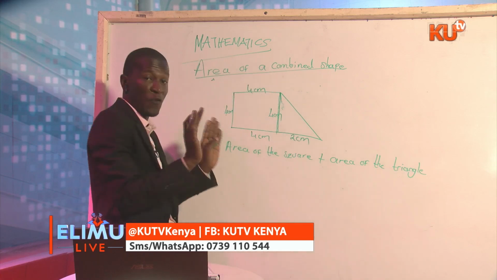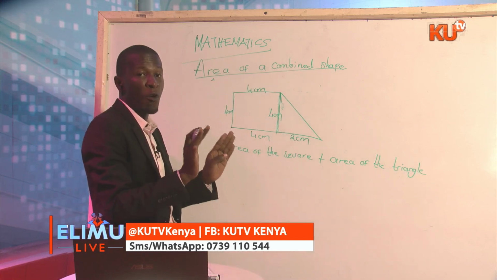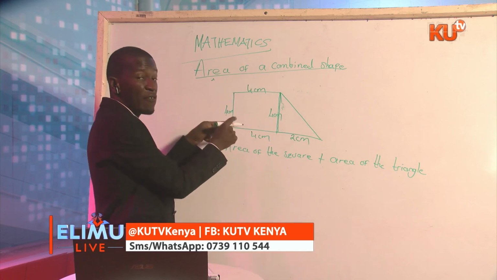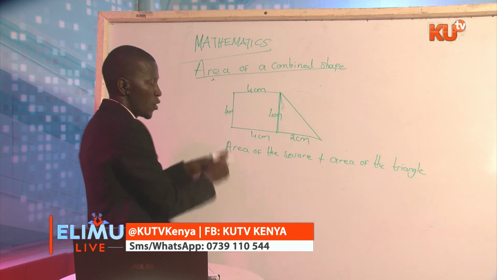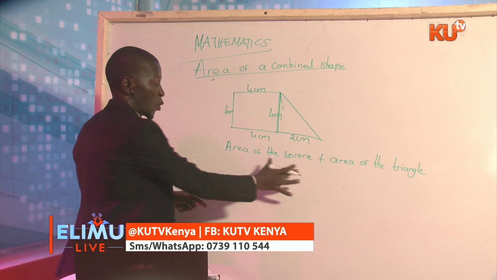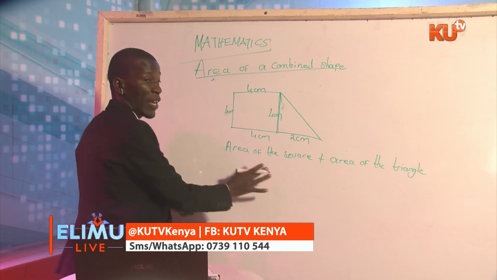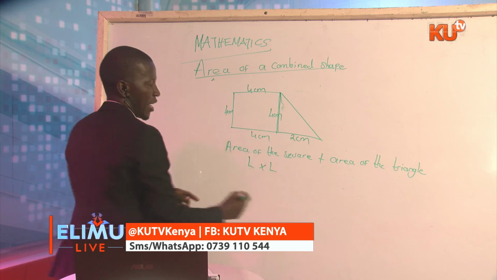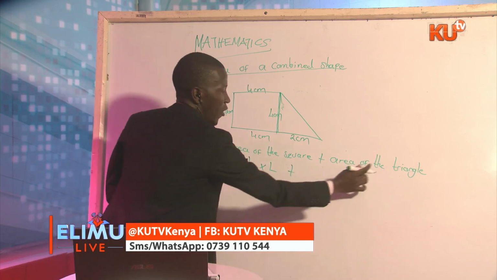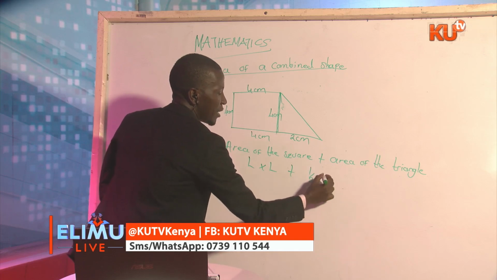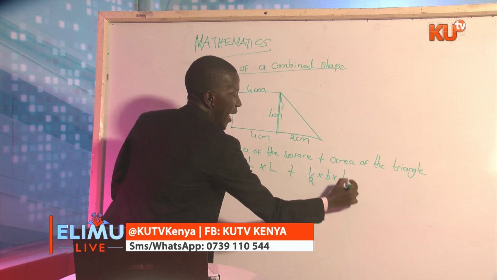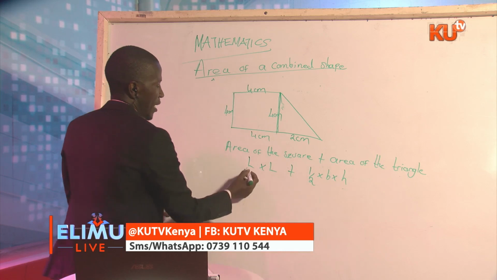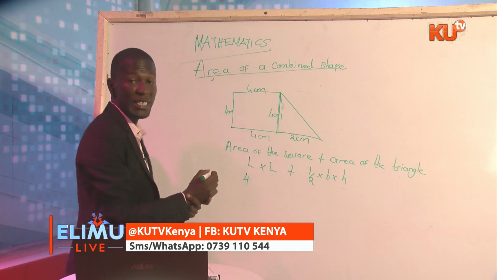So that is the formula of finding the area of the combined shape, which I have given you here on the board. So we shall look at the area of the square. To find the area of the square, you multiply length times length. And plus the area of the triangle is a half times base times height. Length here is 4 centimeters.